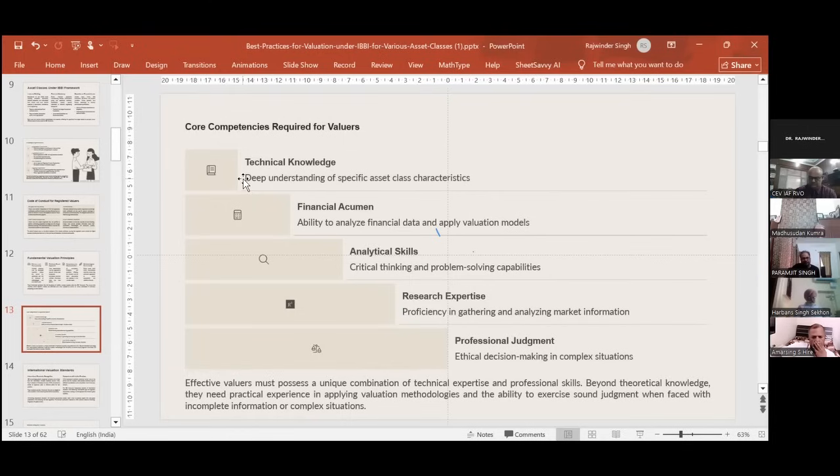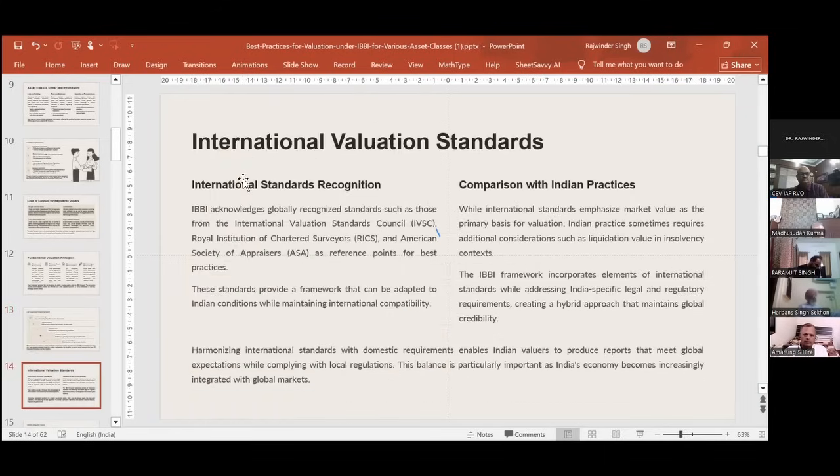So effective valuers must possess a unique combination of technical expertise and professional skills. Beyond theoretical knowledge, they need practical expertise in applying valuation methodologies and the ability to exercise sound judgment when faced with incomplete information or complex situations.